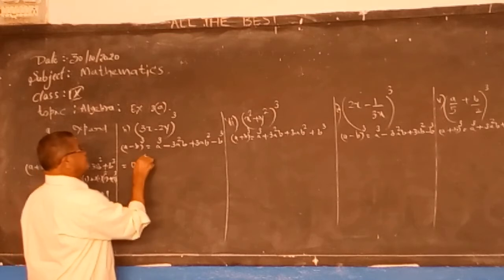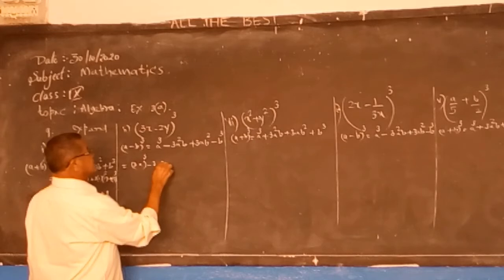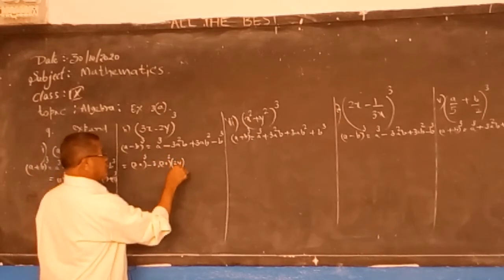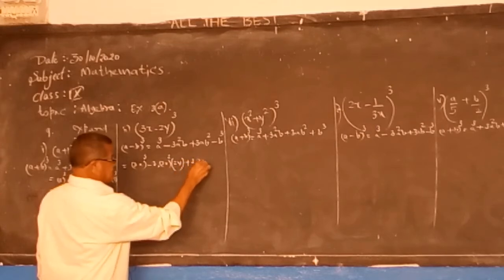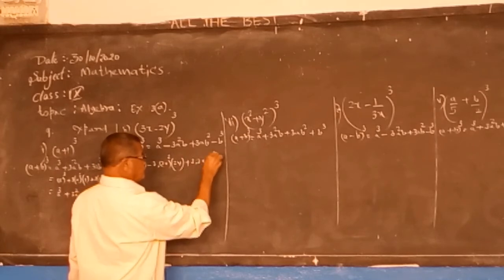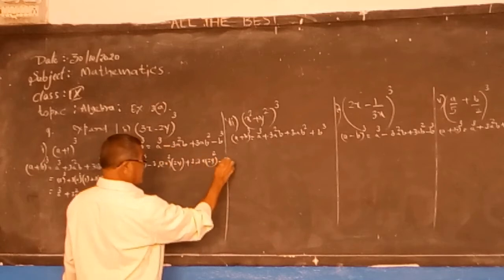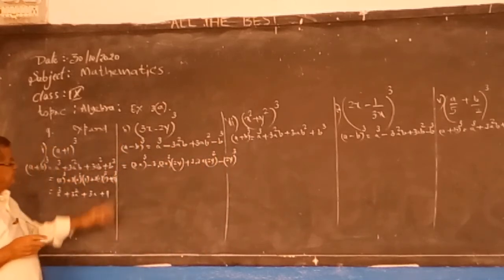(3x) cube minus 3 into a squared, meaning (3x) whole squared, into b, which is 2y, plus 3 into 3x into the second term 2y squared, minus b cube. In place of b, there is 2y.